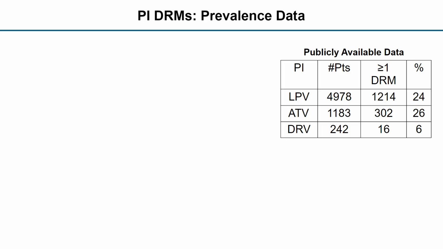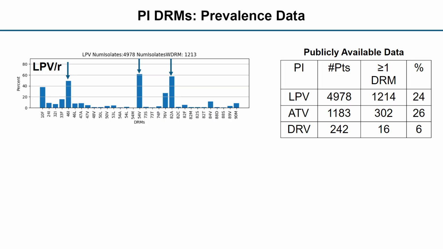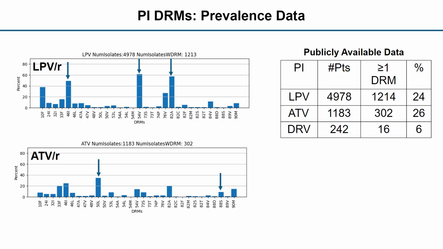Of these, approximately 25% developed at least one PI-associated drug resistance mutation. For lopinavir, the key resistance mutations at positions 46, 54, and 82 do not confer cross-resistance to darunavir. Atazanavir has a lower genetic barrier to resistance than lopinavir or darunavir.